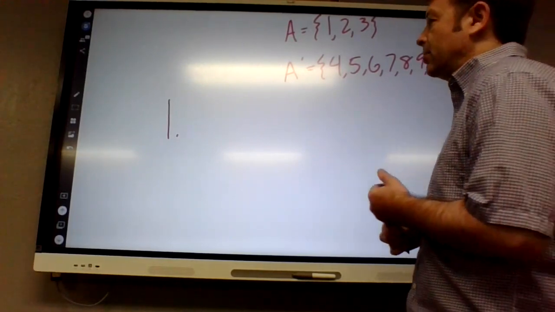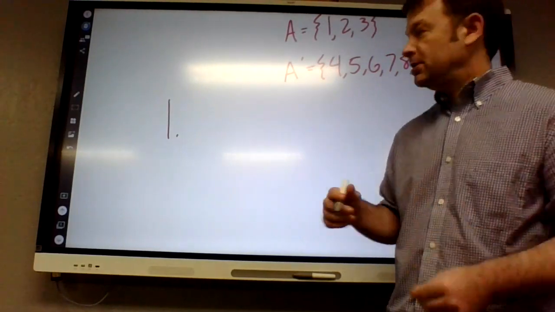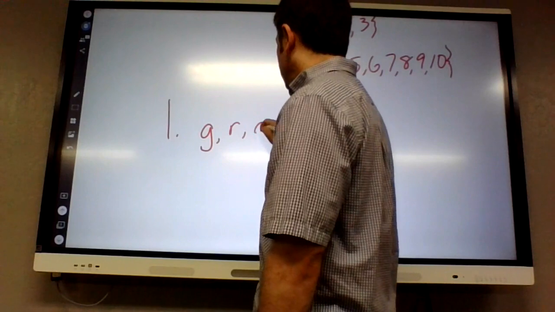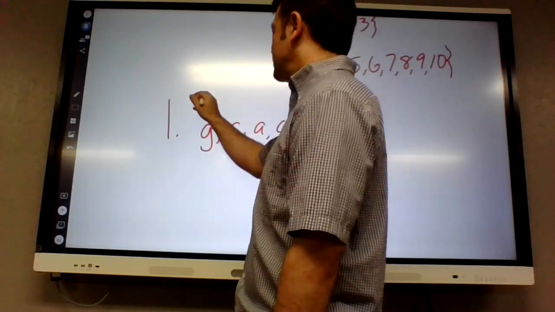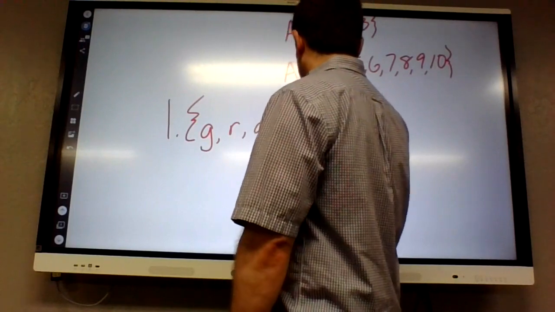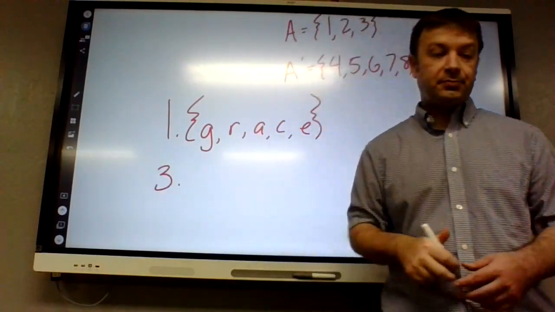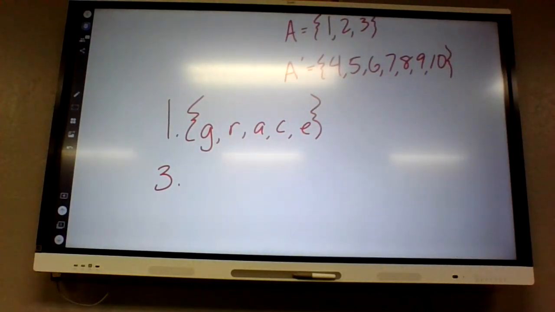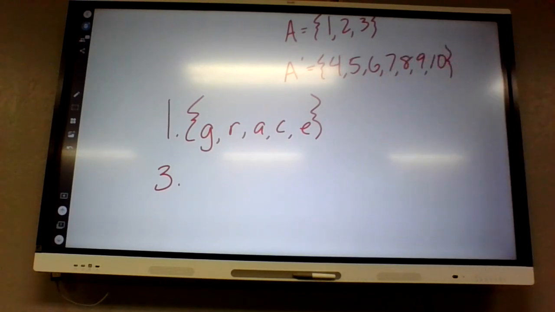So what are the elements of this set? G, R, A, C, E. They did put it in set notation, but I don't really care about that. I'm not going to grade on that.